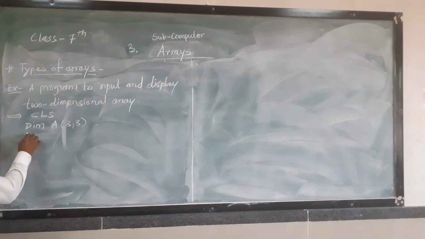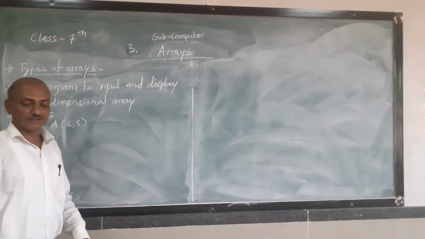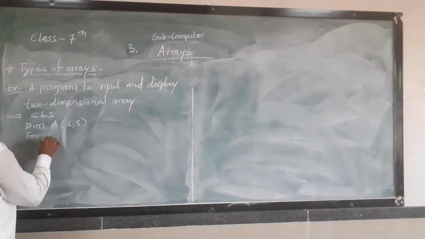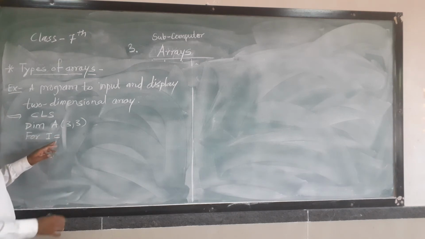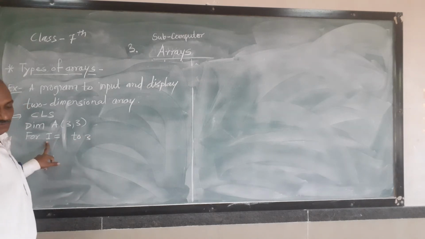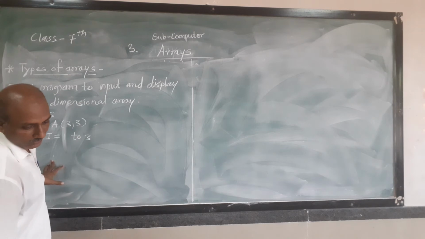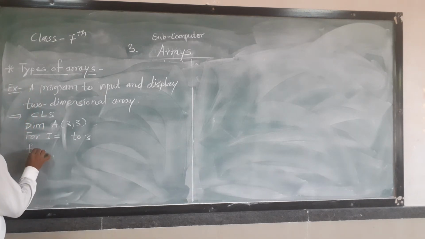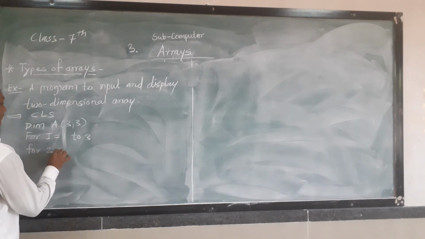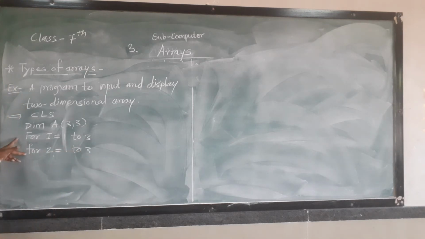Now, the second statement, FOR. For what purpose are we using FOR? To repeat the same action. FOR I = 1 TO 3. Then again a second loop, FOR Z = 1 TO 3. Why do we have to use these two FOR loops?